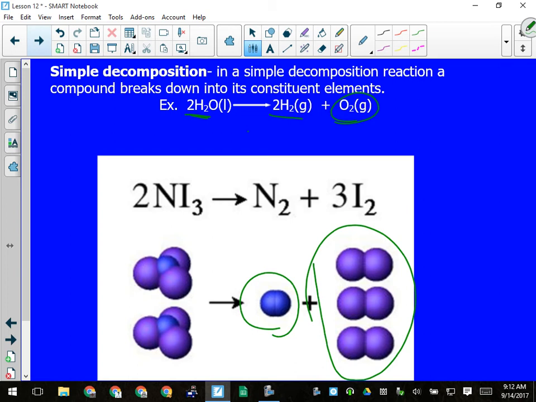I have 2 nitrogen atoms on this side, and 2 nitrogen atoms on that side. And I have 6 iodines, 1, 2, 3, 4, 5, 6, and I've got 6 of them over here as well. Questions so far?